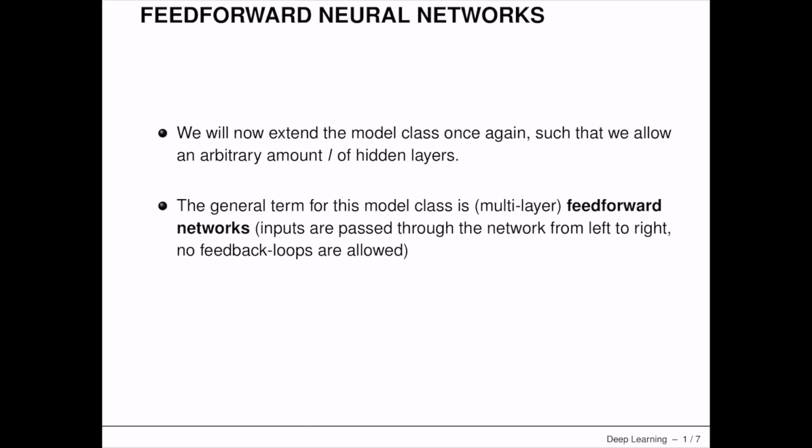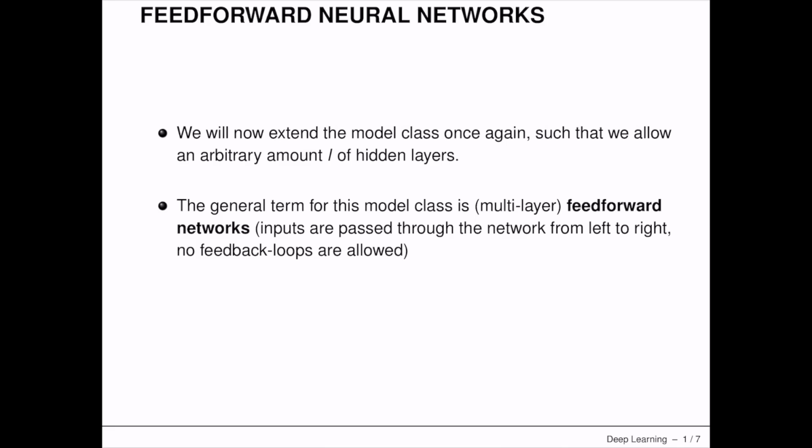To recapitulate, we started with models formed by a single neuron. We then stacked these neurons to neural networks with a single hidden layer and one output neuron, and then extended the model class to models with several output neurons. We now want to extend the model class once again, such that we allow an arbitrary amount, L, of hidden layers.